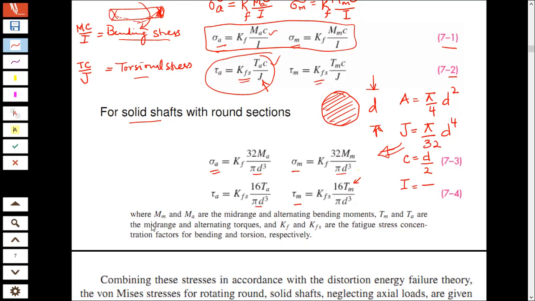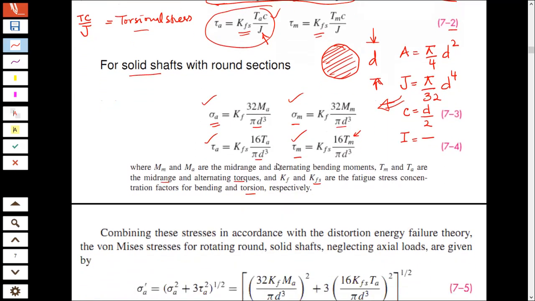Okay? Mm and Ma are the mid-range and alternating bending moments. Tm and Ta are the mid-range and alternating torques. And Kf and Kfs are the fatigue stress concentration factors for bending and torsion. So these are now the equations for sigma a, tau a, sigma m, and tau m.